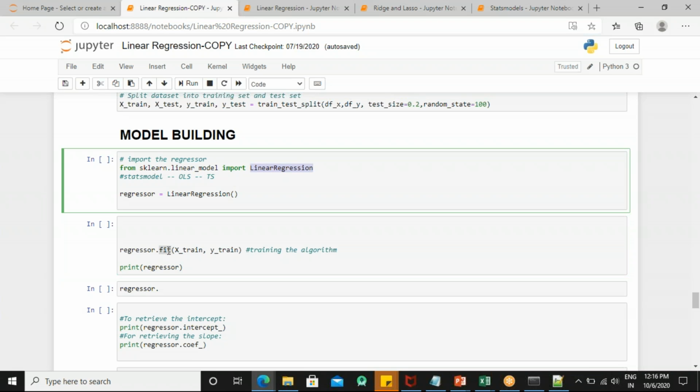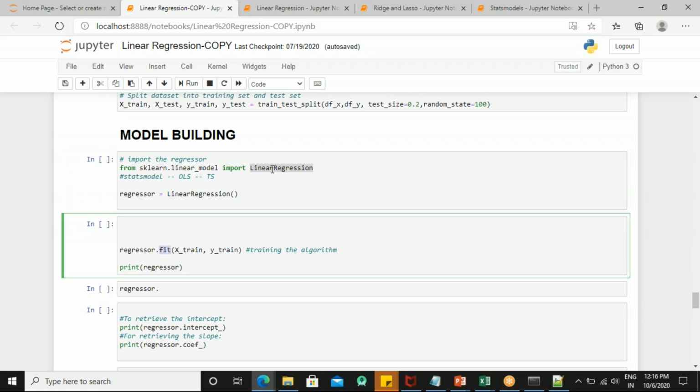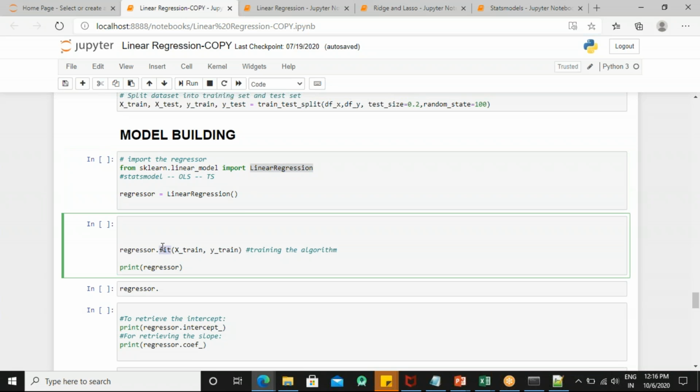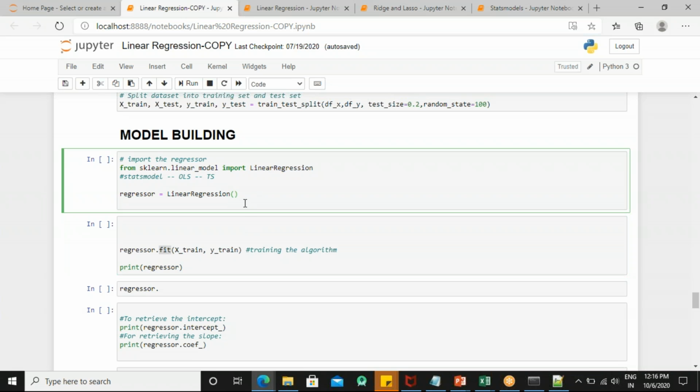Now before we go into the detail, let's see the actual code which is running behind the scenes. Can anyone tell me where I can see the actual code which is written for linear regression? This is the fit method, but how will I find out what the fit method is doing internally?